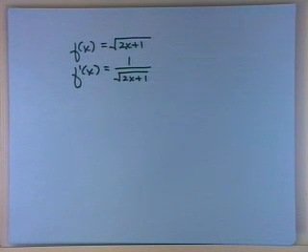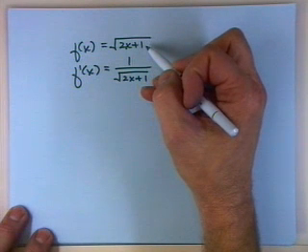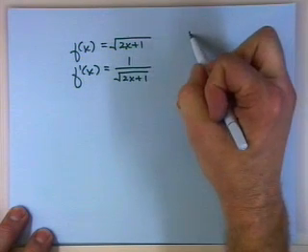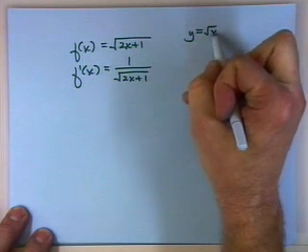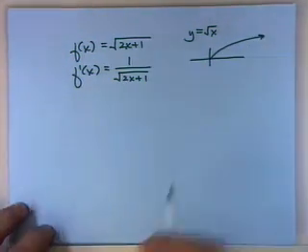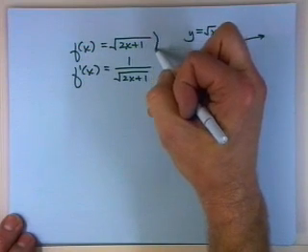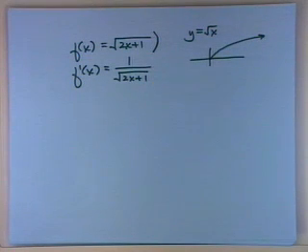We know this to be half of a parabola, right? If we just graphed y equals square root of x, it would look like this. This function is also half of a parabola. It's positioned a little differently in the plane, but it's half of a parabola.